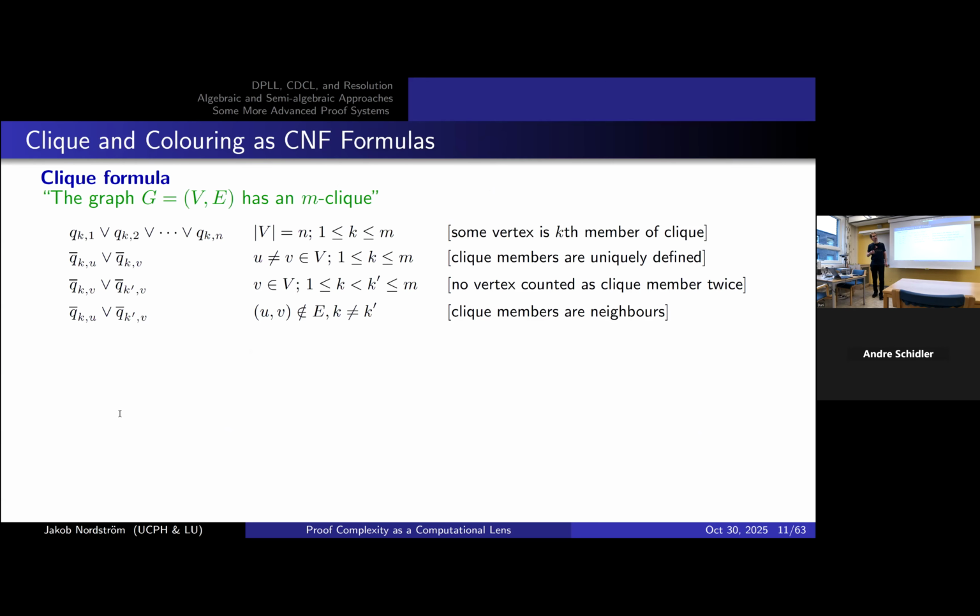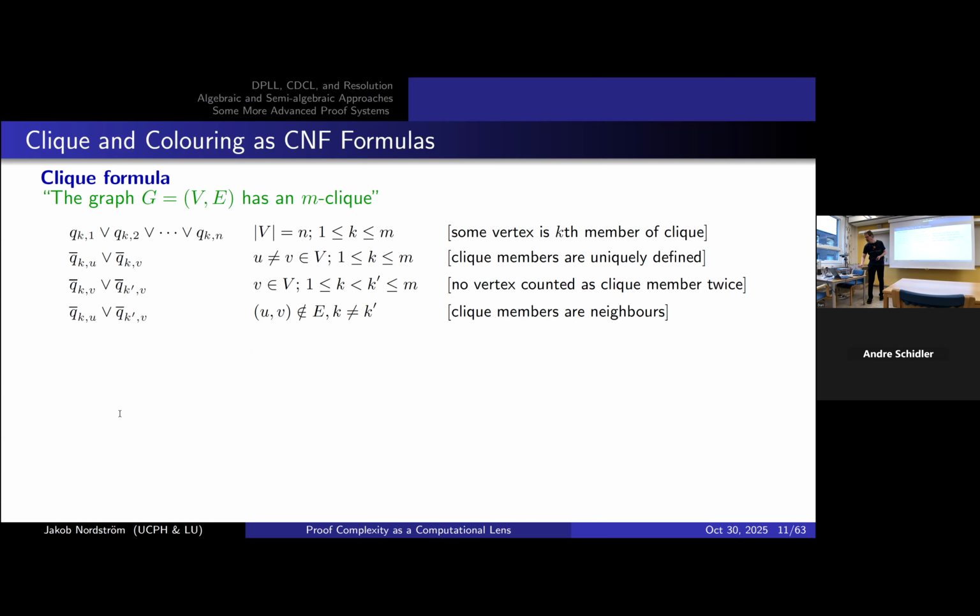And just to show how we can also model the problems that I mentioned in the beginning, and that we're going to talk about throughout the lectures in our examples: the clique formula, asking whether a graph has a clique of size m, can be modeled with variables q_{k,i}, where q_{k,i} says that vertex i is the kth member of the clique.